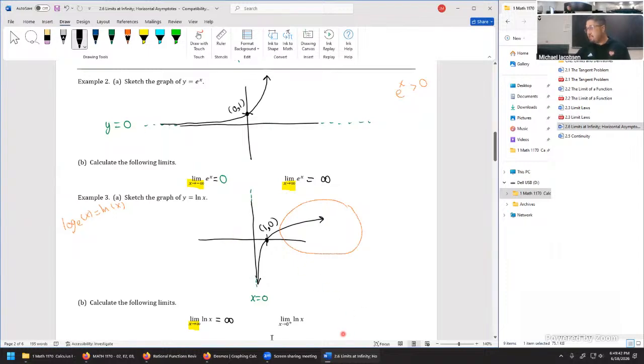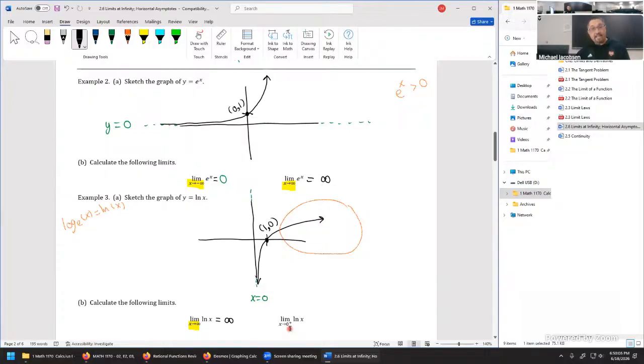Now, next, notice that there's no horizontal asymptote here, so we don't have the same kind of limit like x goes to negative infinity. In fact, that's impossible to do. That's because the domain of the logarithm ends right at zero. Zero is not even included in the domain for a logarithm.